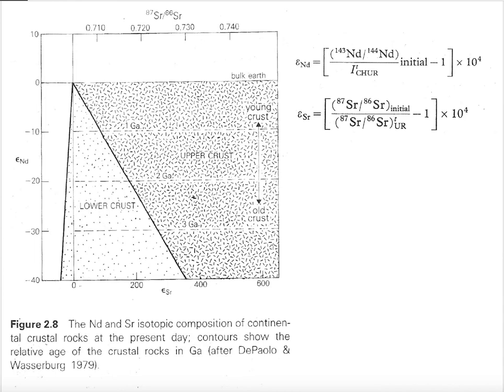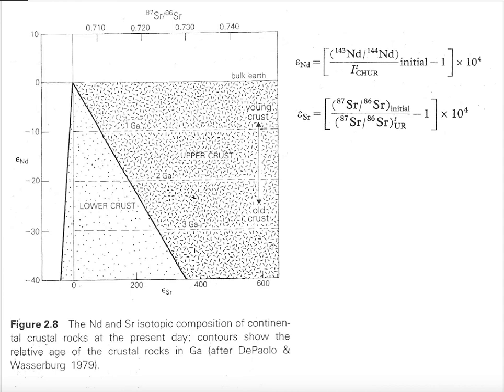Then we can calculate the epsilon neodymium, which is a value ranging between 0 and minus 40, depending on whether we are dealing with old crust or younger crust. The older crust has a higher negative epsilon neodymium.